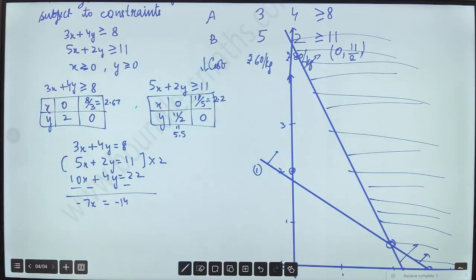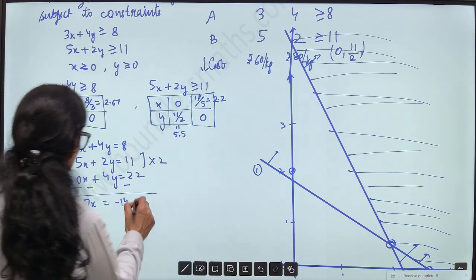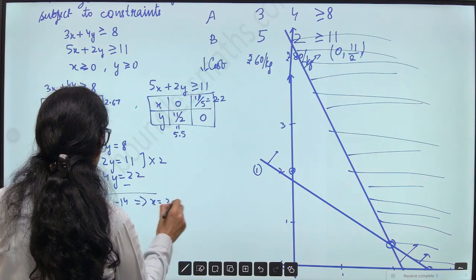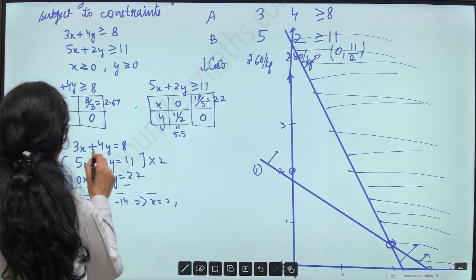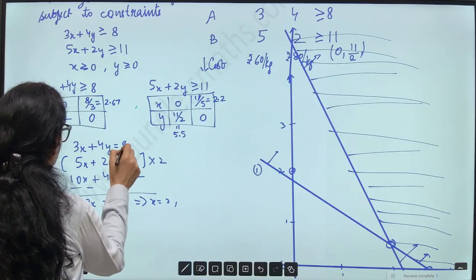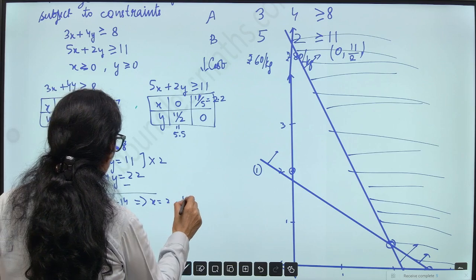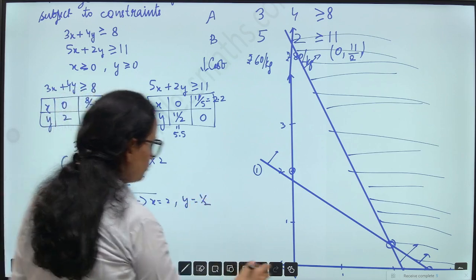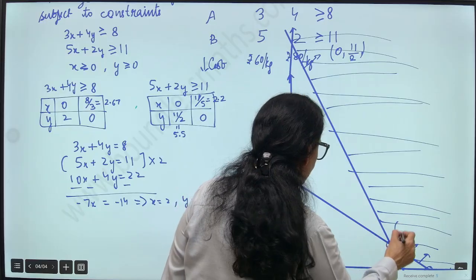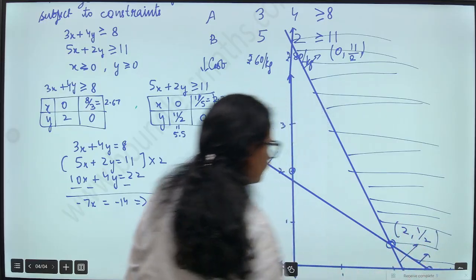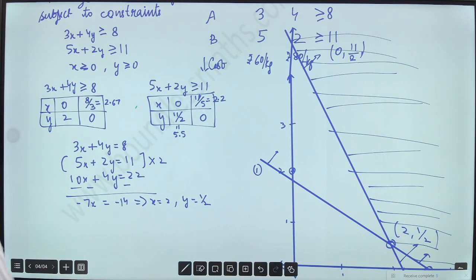So the value of x comes out to be 2, and then what will be the value of y? X is 2, 3 times 2 is 6, 8 minus 6 is 2, so y is going to be half. So this point of intersection is 2 comma half, right?